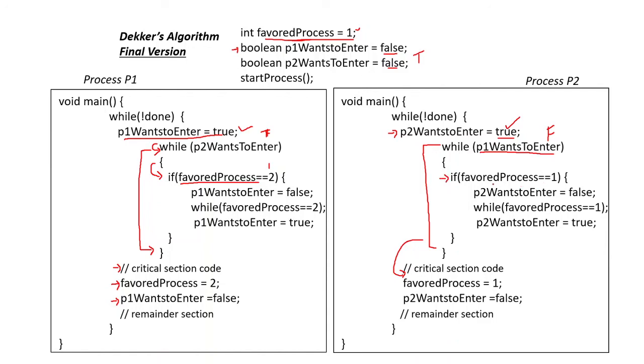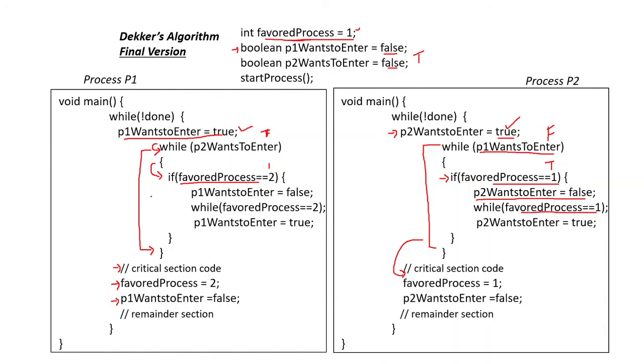Here the value of the favored process is 1, so this if condition evaluates to true. It will enter into the if block and set the value of the variable P2 wants to enter to false. And it will keep waiting on this while loop where the favored process value is still 1.